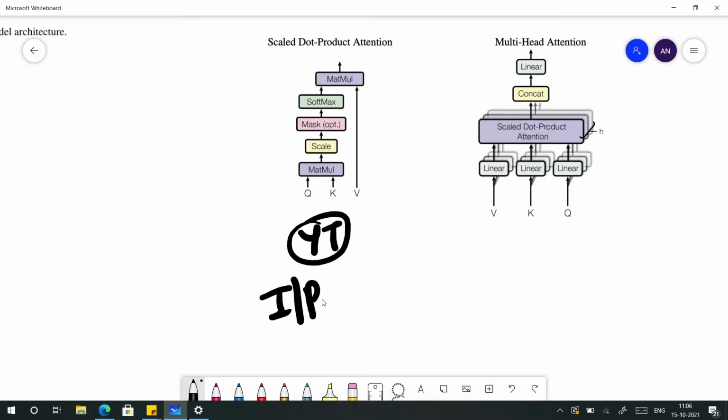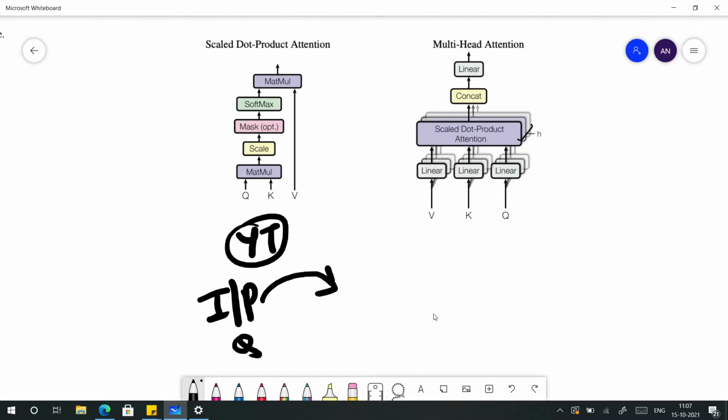You give YouTube an input, that is your query, and that input goes to YouTube, and YouTube is going to search for samples such as video descriptions and video titles.